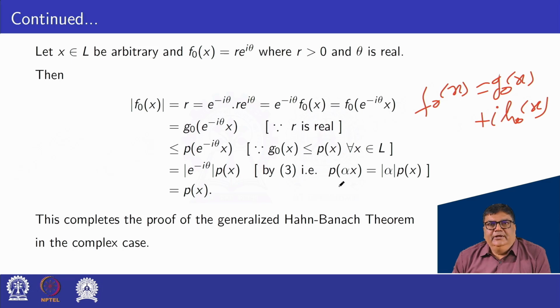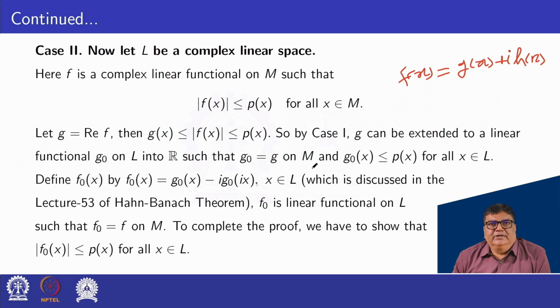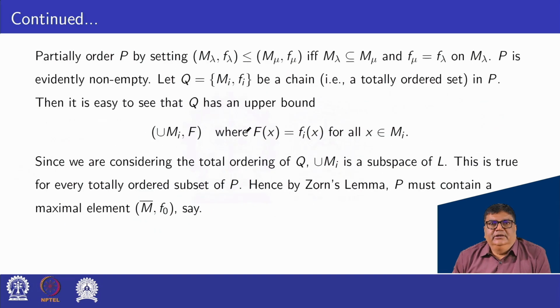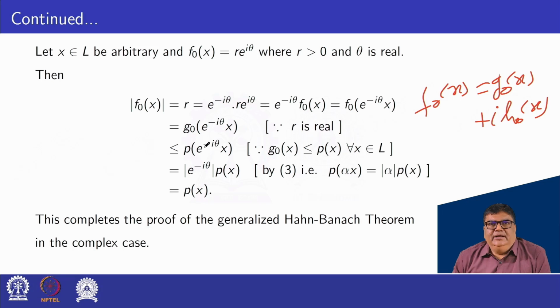By equation 3 for a complex linear space, p(αx) = |α| p(x). So e^{-iθ} as a scalar gives |e^{-iθ}| p(x). |e^{-iθ}| is 1, so it equals p(x). This completes the proof of the generalized Hahn-Banach theorem in the complex case.